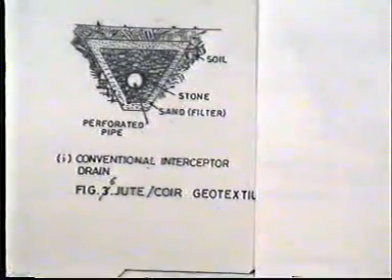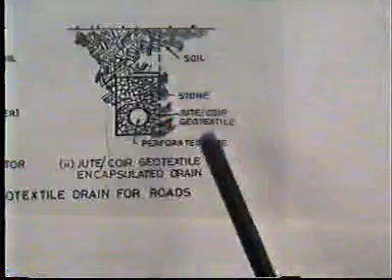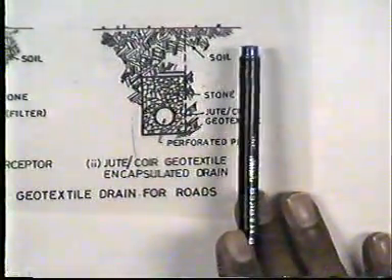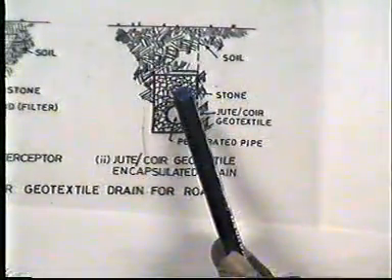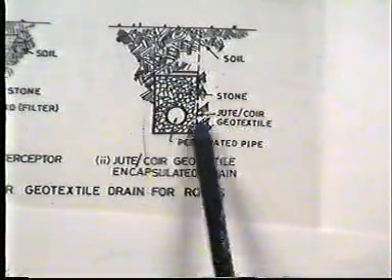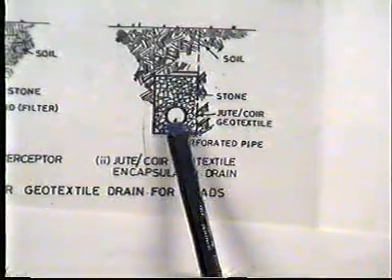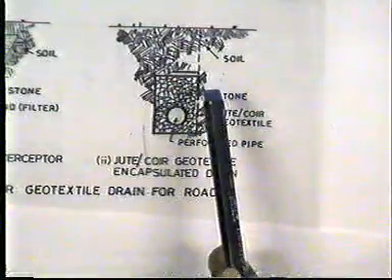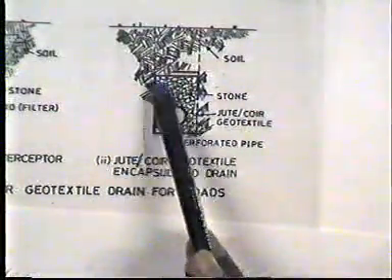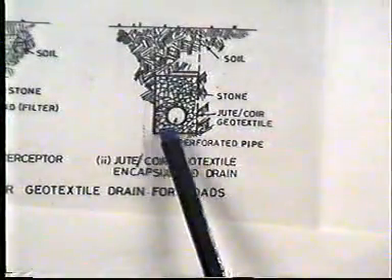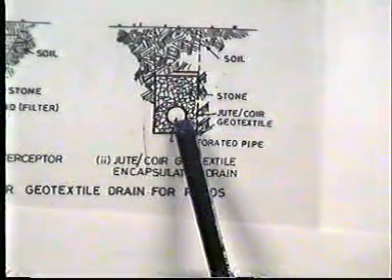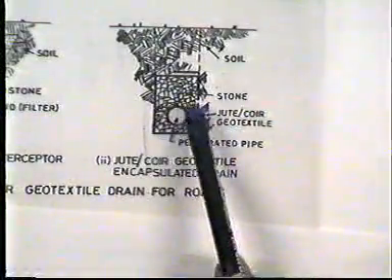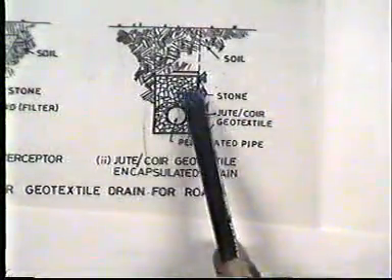On the other hand, durability treated woven jute or coir is used to line the drainage trenches and encapsulate open graded aggregate.